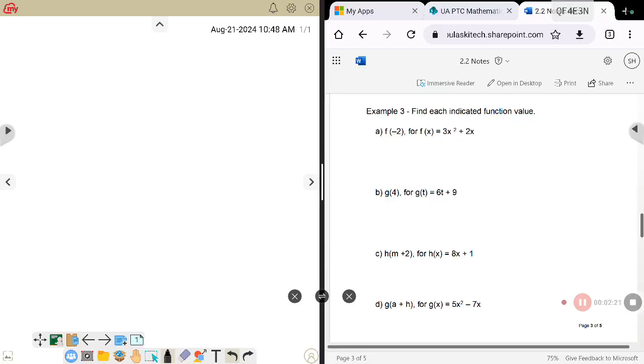My function in example 3a, the f of x equals 3x squared plus 2x, and it wants me to find f of negative 2.